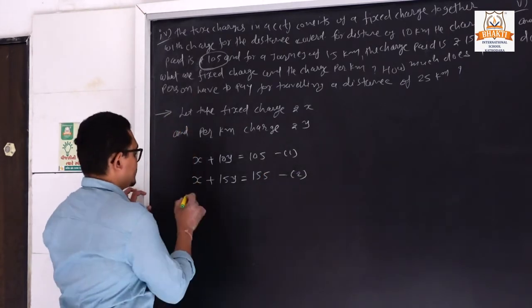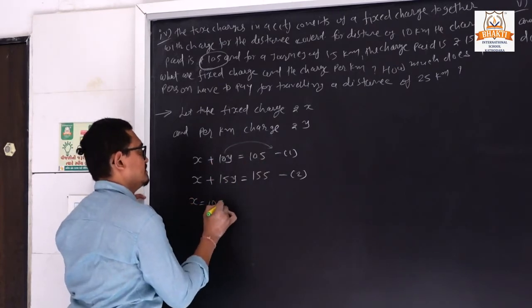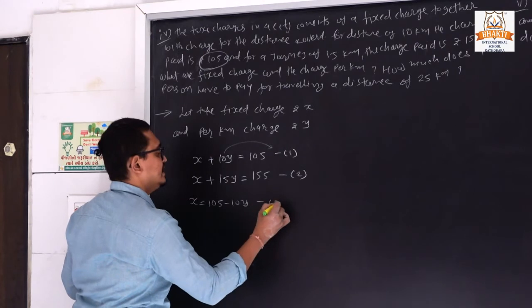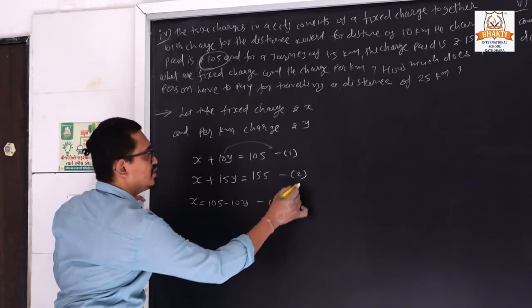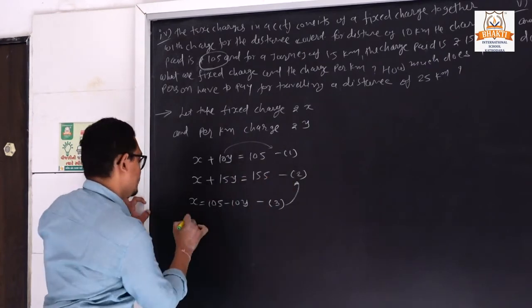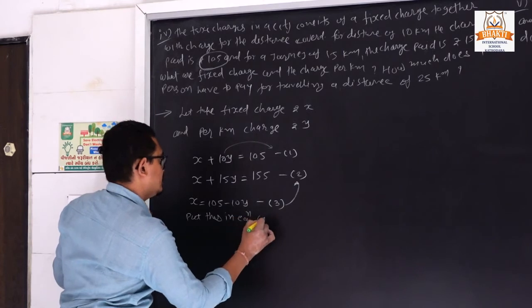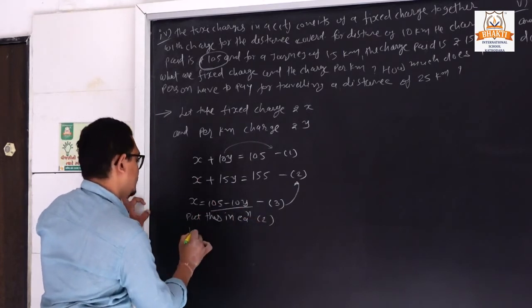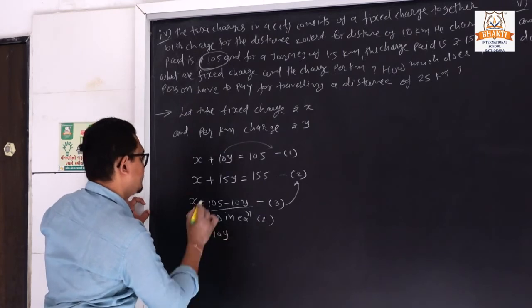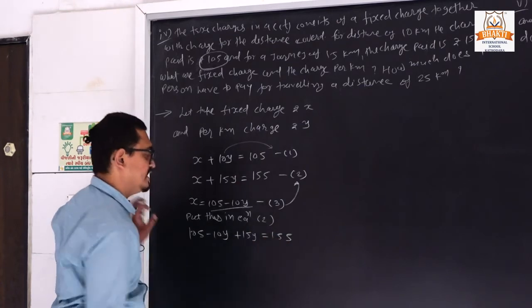Now from the first, this 10y is going to the second side, so it becomes minus. We can declare it as result number 3. Now put this value in equation number second. So x is replaced with 105 minus 10y plus 15y is equal to 155.